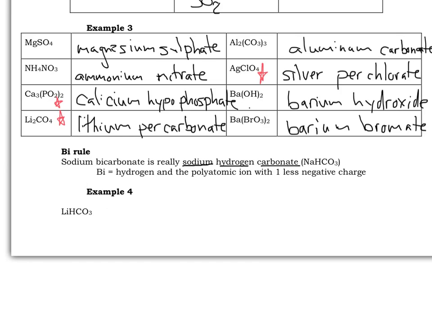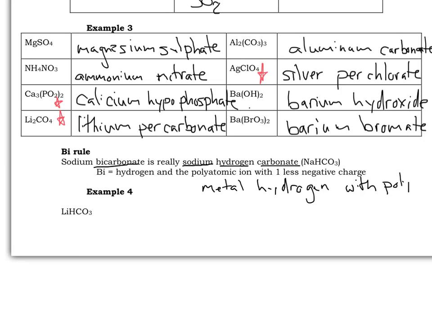So sodium bicarbonate and sodium hydrogen carbonate are the same thing. We use bi because it shortens the name up, basically. And it's an example of metal and hydrogen being our cations with a polyatomic ion.